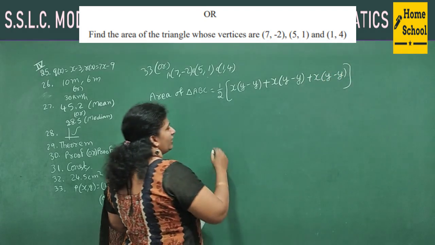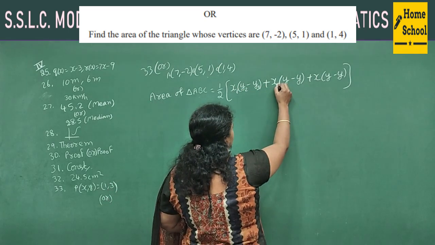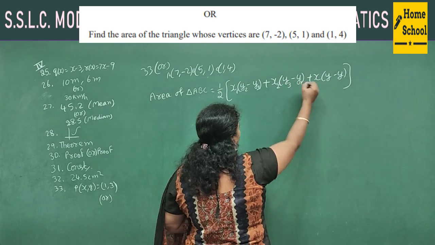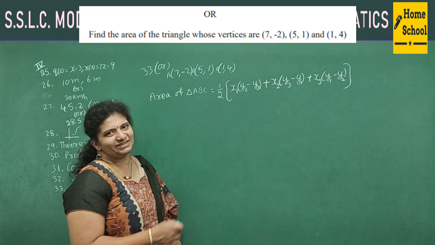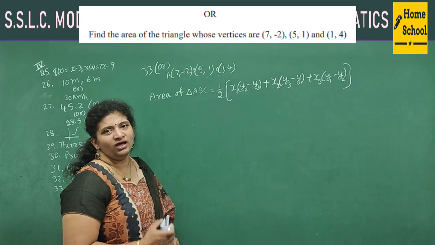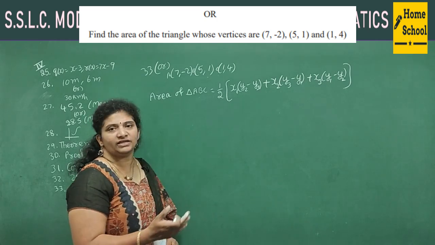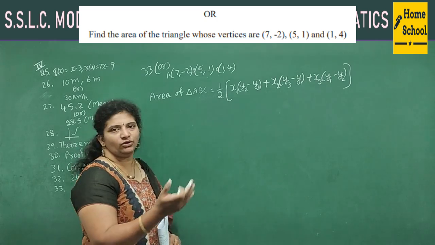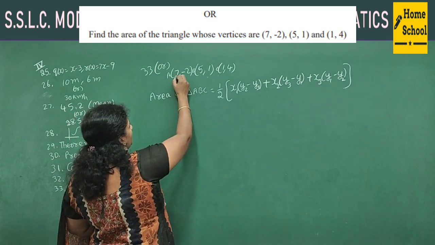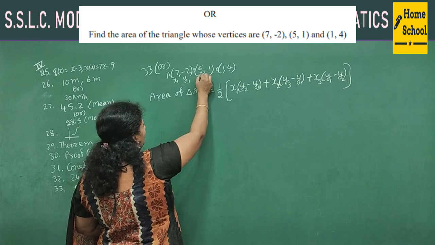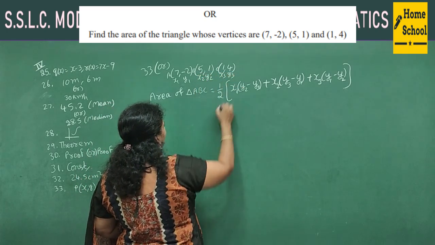Okay. How to write the subscripts now? 1, 2, 3. Next, with 2 you start: 2, 3, 1. Then again with 3: 3, 1, 2. That's it. What is the area of a triangle formula? Half of x1 into (y2 minus y3) plus x2 into (y3 minus y1) plus x3 into (y1 minus y2). Now for these coordinates, mark x1, y1, x2, y2, x3, y3.